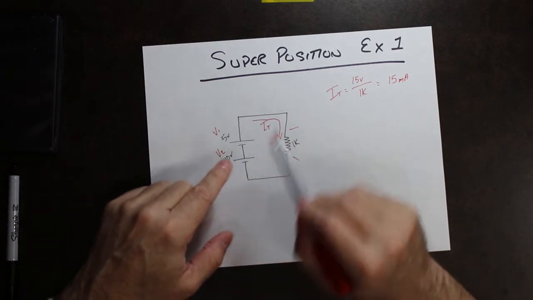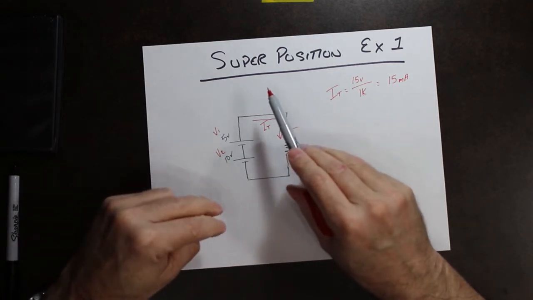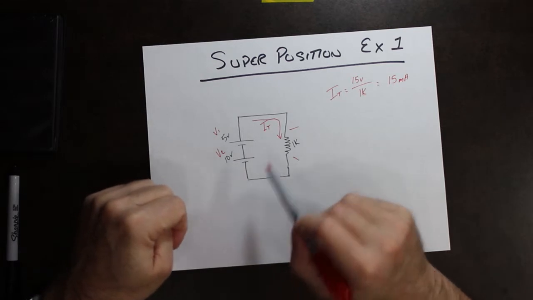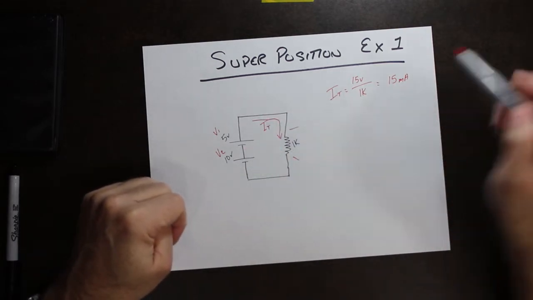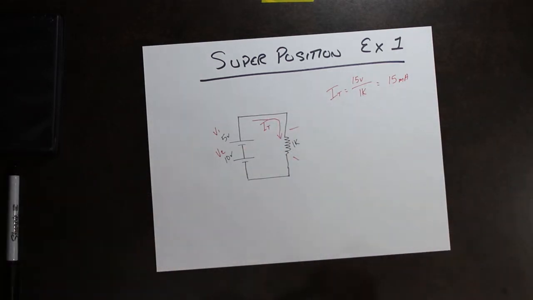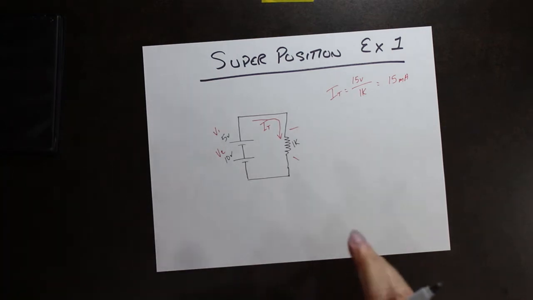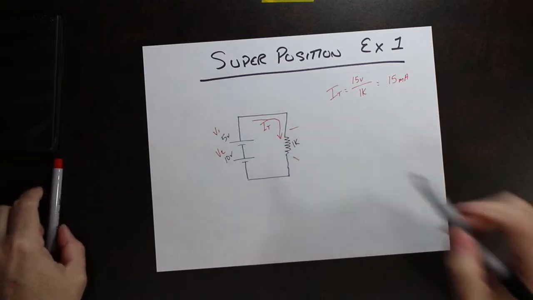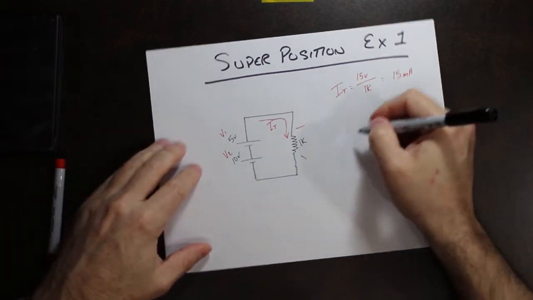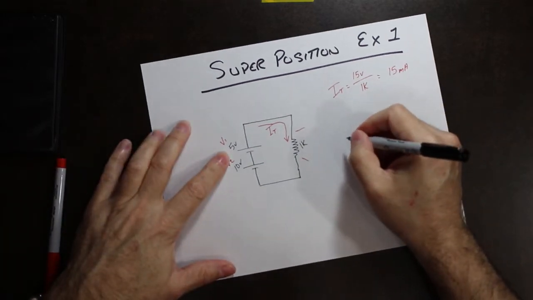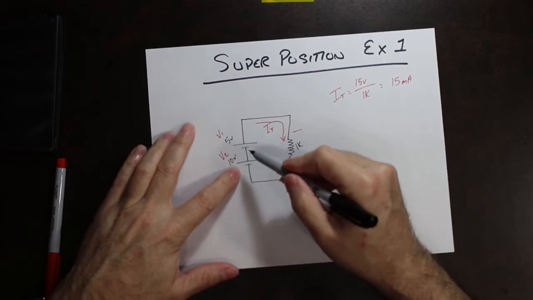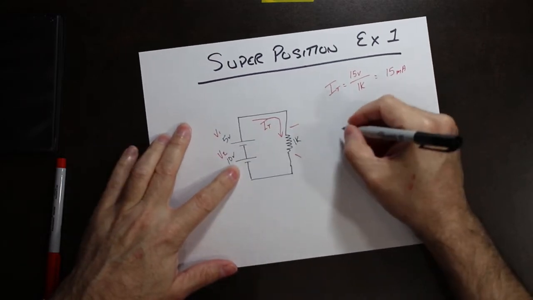But now we're going to prove it using superposition theory and prove that this is actually true. In superposition theory, what you do is you look at each power supply separately, and then replace the other one with a short circuit.